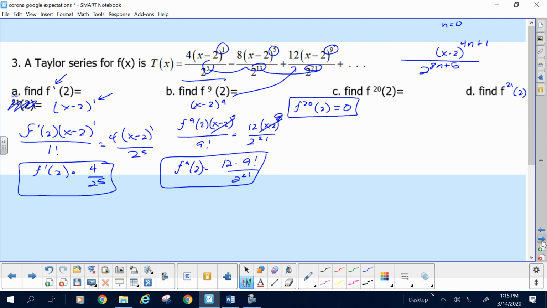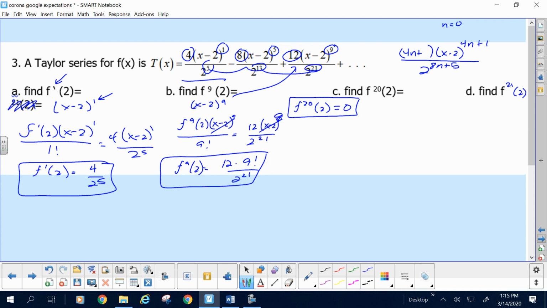Let's talk the 4, 8, 12. Those are going up by 4 each time, so they have a slope of 4. And they seem like they are starting at 4.